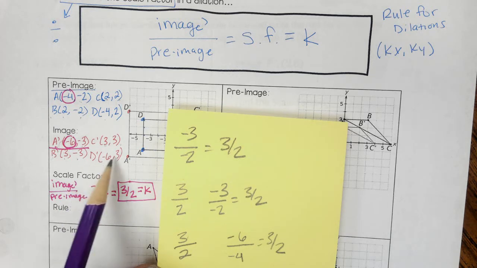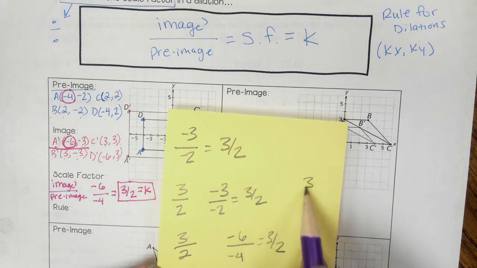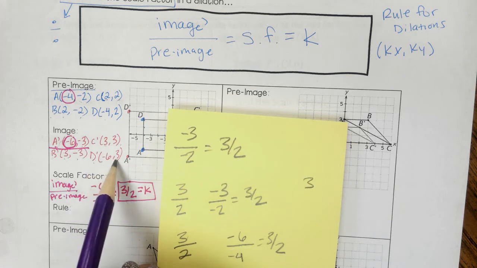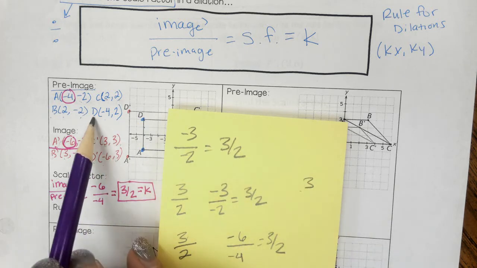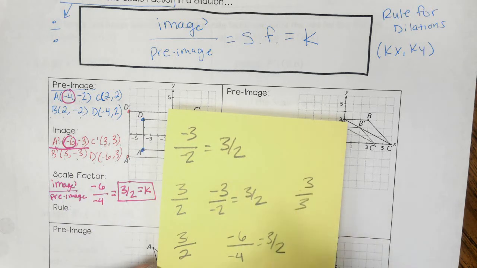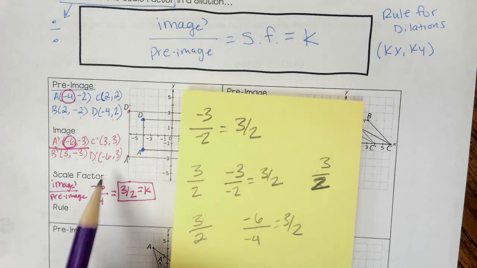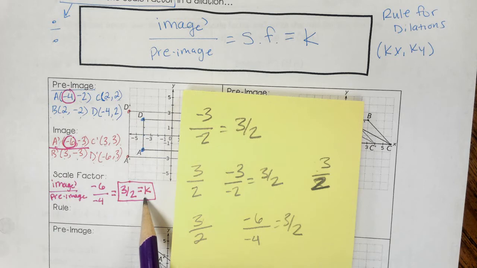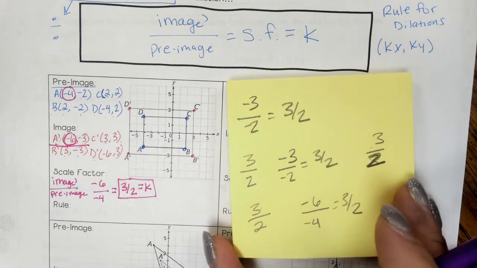And if we used the y value from D, we would have had a 3. The y value from D prime is 3, and the y value from D is 2. Again, 3/2. So no matter which numbers you use, you end up with 3/2 as the scale factor.